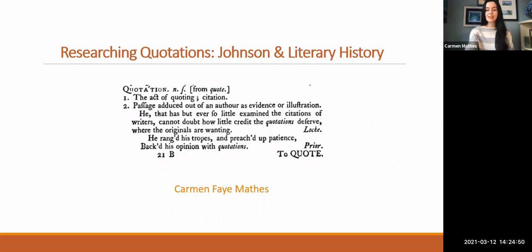In order to make our online version of the dictionary not only a place to look up words, but also a research object in and of itself, we knew that we needed to trace and tag the quotes that Johnson uses to illustrate the usages of words so that scholars could search for them and within them.